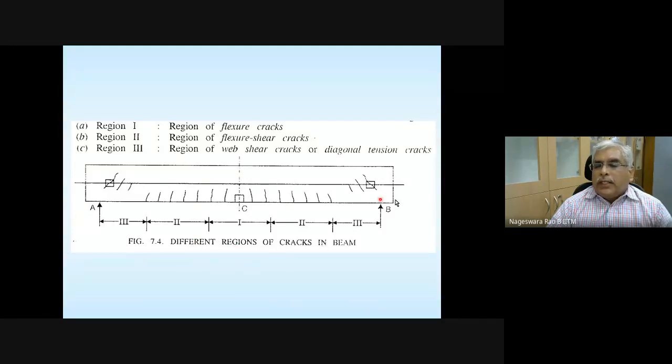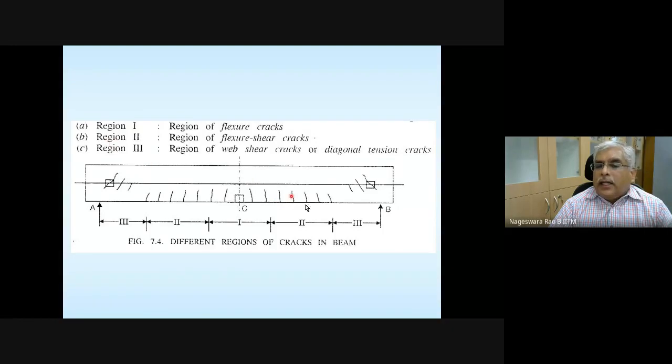If you take a simply supported beam, the entire beam can be divided into 3 regions. Region 1 is where F, meaning bending stress, is dominating. So that's why you can see cracks originating almost perpendicular to the length of the beam.